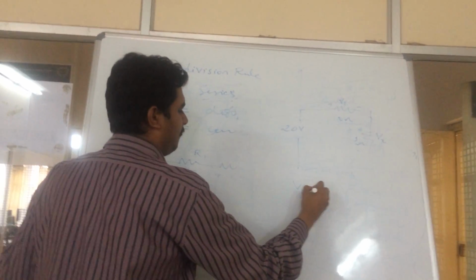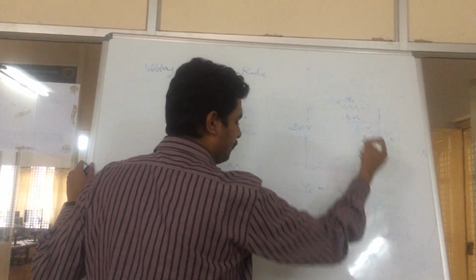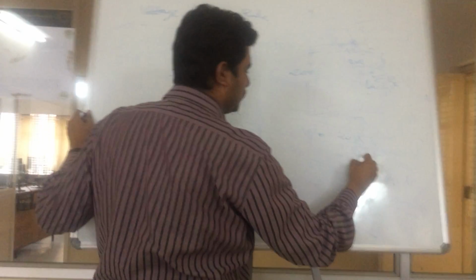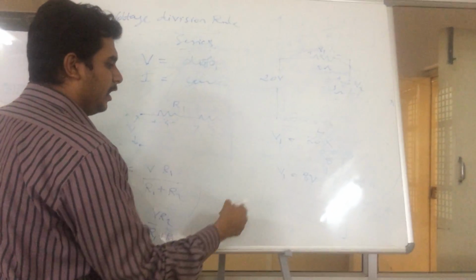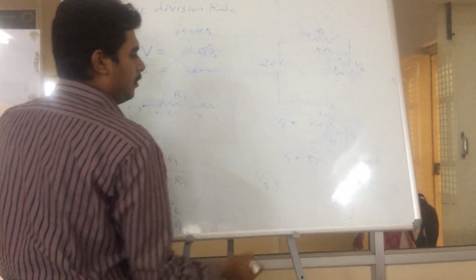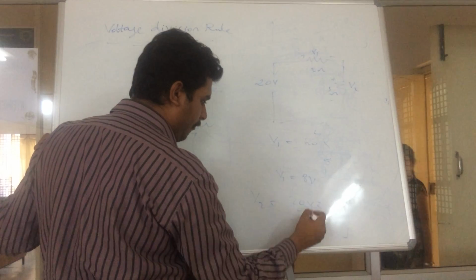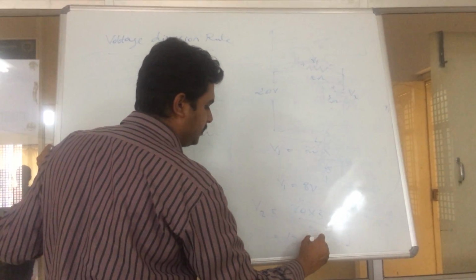So to calculate V1, I need the total voltage and the same resistor by the sum of all the resistors. The sum is 5 ohms, therefore V1 is 8 volts. Similarly, V2 is the total voltage multiplied by the same resistor divided by the sum of all the resistors, right? That is 12 volts.